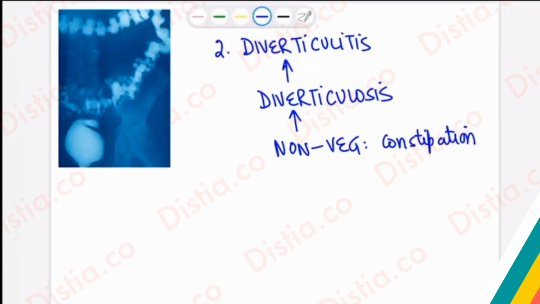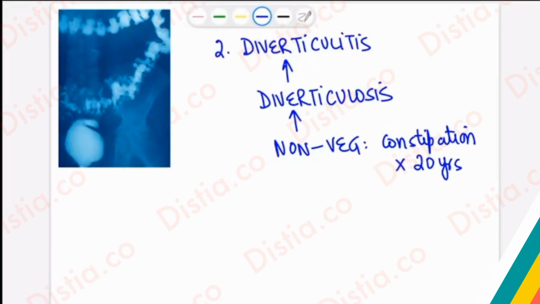I'm not talking about a recent onset constipation. Let me say a guy is 65 years of age and he started getting constipation for the previous 6 months, that is worsening. It could be carcinoma rectum also. On the other hand, in this case, the constipation has been present for, let me say, 20 years, 30 years, a long duration constipation.